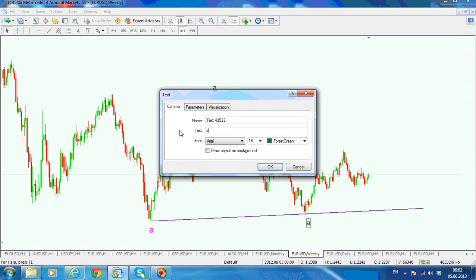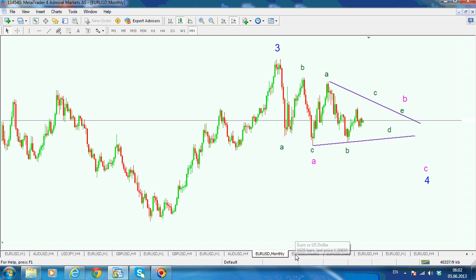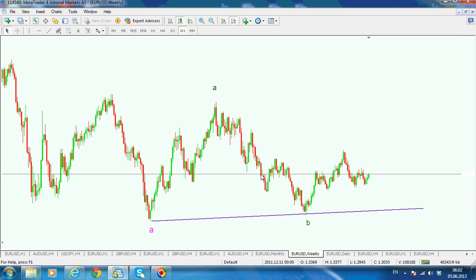So what I'm trying to say is that on the smaller time frame, you are not putting all the previous counting on this chart. You are just looking on the smaller time frame at the price action in order to identify the proper degree.